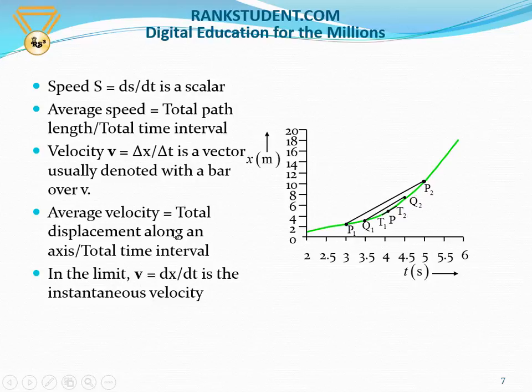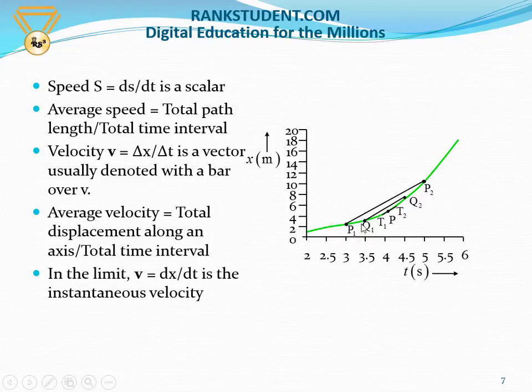Velocity is a vector. It is the instantaneous slope of the xt curve, denoted here by delta x by delta t. Delta x as measured by the projections from P2 and P1 on the x-axis. Delta t measured by the projections from P2 and P1 on the x-axis. The average velocity is the total displacement along the axis, divided by the total time interval.